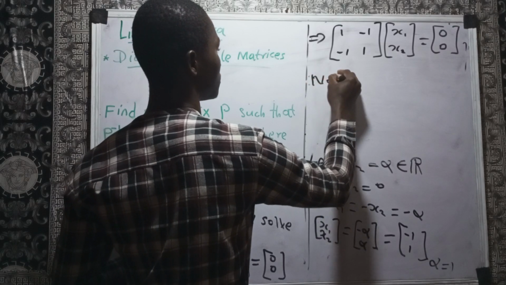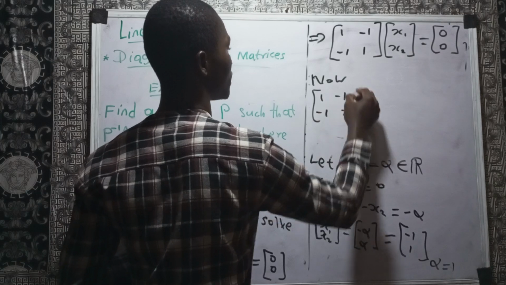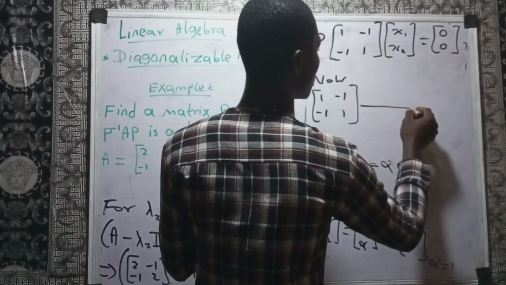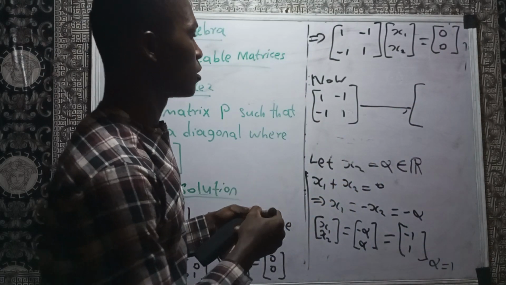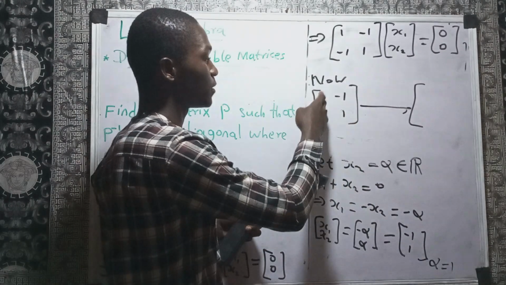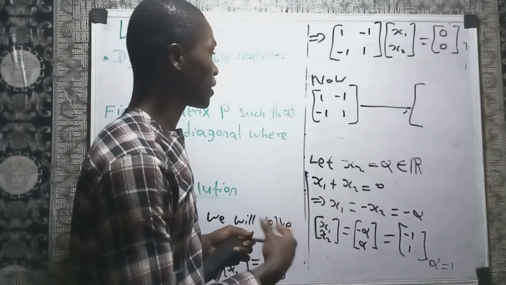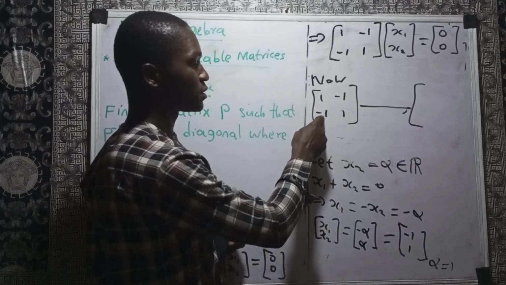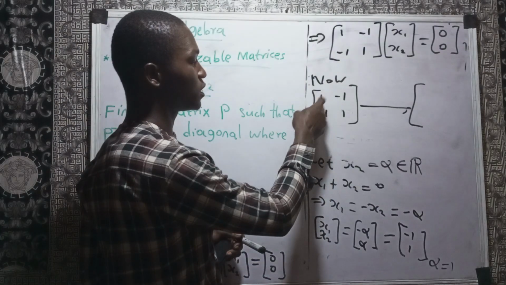Now this matrix, we can reduce it. To reduce it, if you come to the first row, the first non-zero number is 1. That's the leading entry. The leading entry is always the first non-zero number. What is below it is negative 1, and what is below the leading entry must be 0.